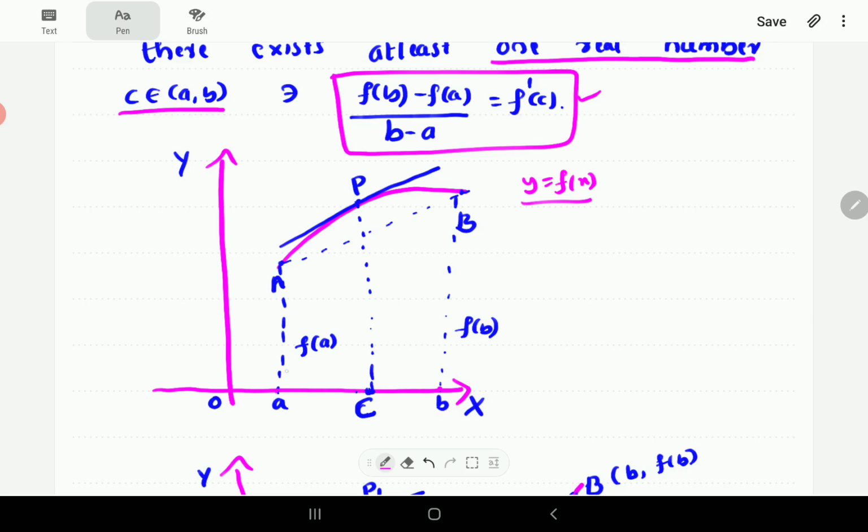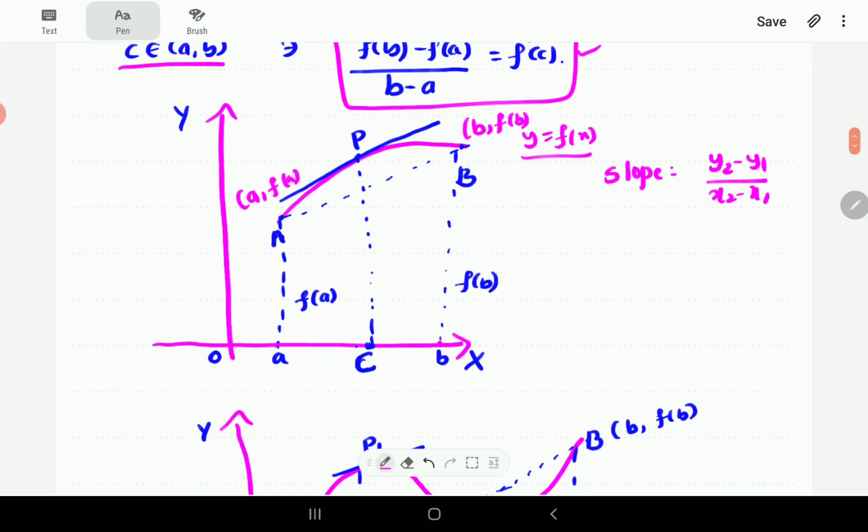Let me write it here. This point will be a comma f of a. The point B will be b comma f of b respectively. Now when you want the slope of the chord AB, you know that by the point form, the slope is simply y2 minus y1 upon x2 minus x1.